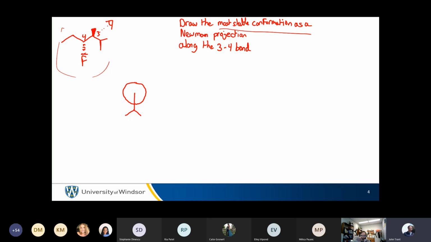This is where now I'm in trouble because I've drawn the enantiomer to what I have on a page. Sorry, I've drawn the enantiomer to what I have on a page, so I think this works out with my inverted camera. Let me just see. Nope, my camera is maybe not as inverted as I thought it was.